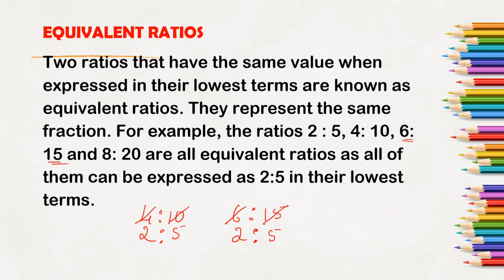So we can say 2:5 is equivalent to 4:10, and similarly 2:5 is equivalent to 6:15. All these are equivalent ratios because they show the same proportion.